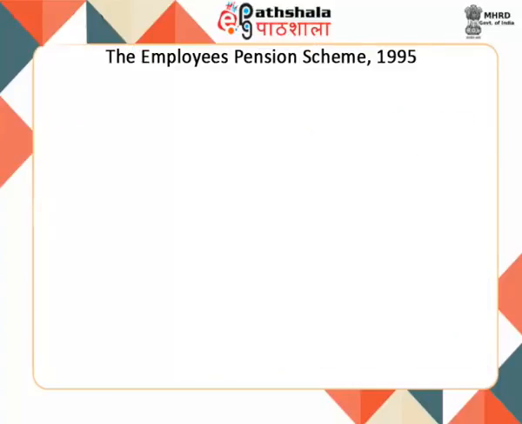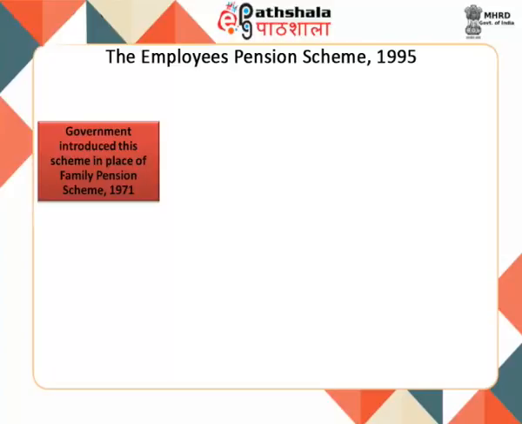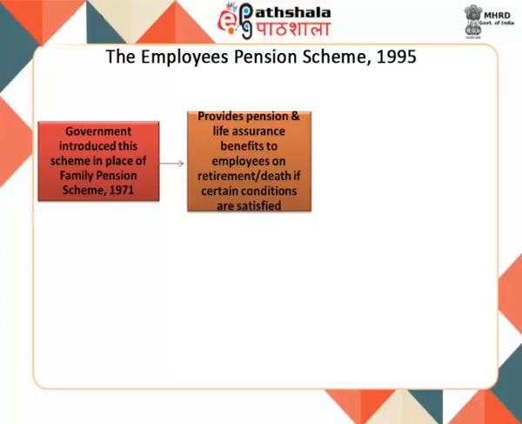The Employees Pension Scheme 1995. Government introduced this scheme in place of the Family Pension Scheme 1971. This scheme provides pension and life assurance benefits to employees on retirement or death if certain conditions are satisfied.